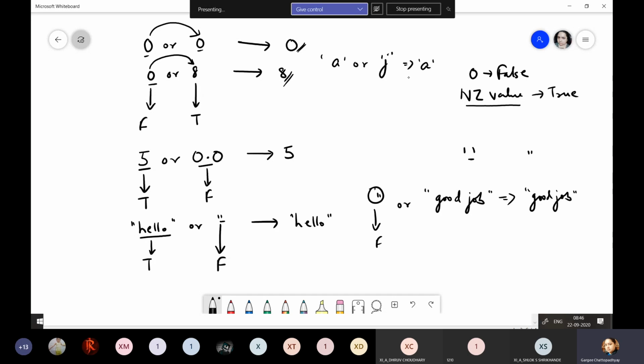A, only A. A is true. J is also true. If the first operand, the left hand side is true, it will blindly return the left hand side. It won't move, it won't evaluate the second one. Because OR says either one of the two sides, if it is true, return the true value.